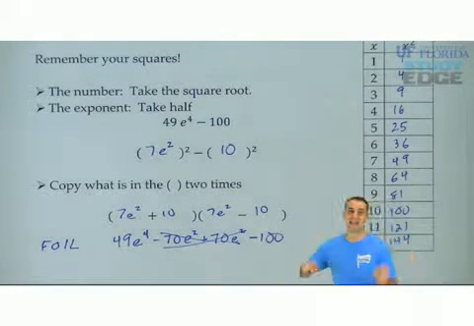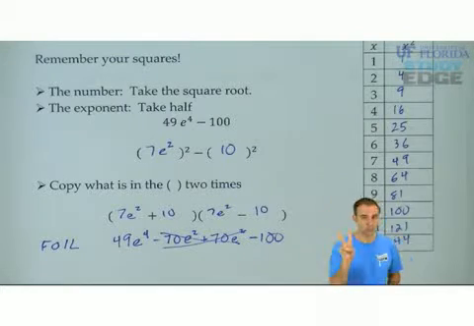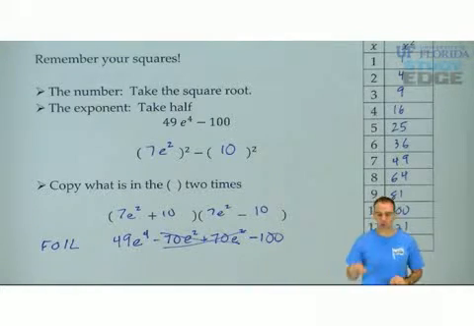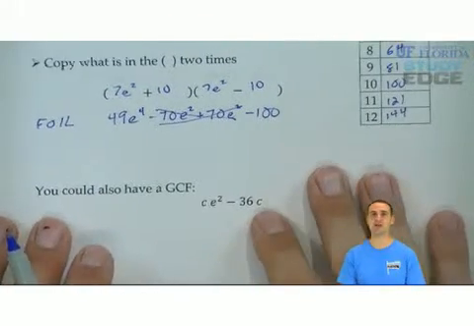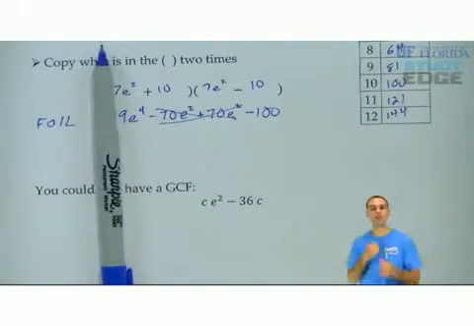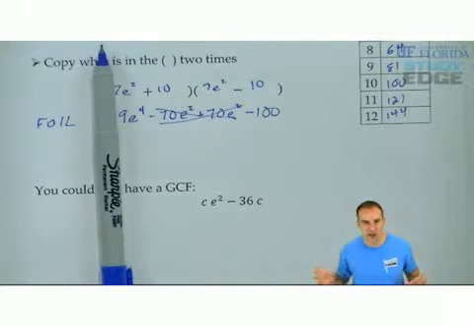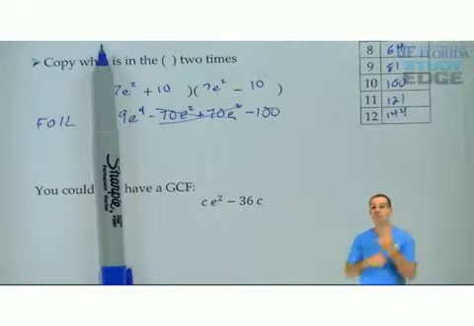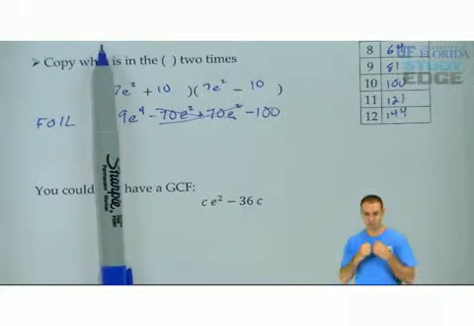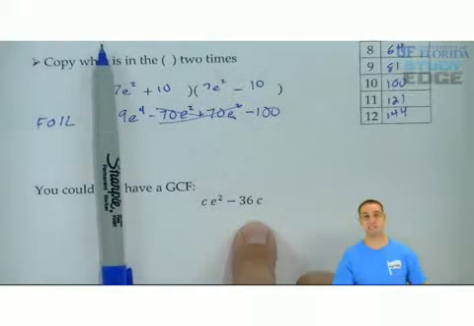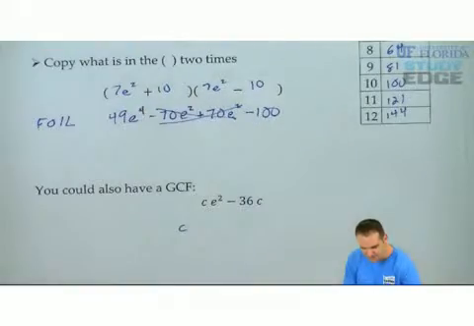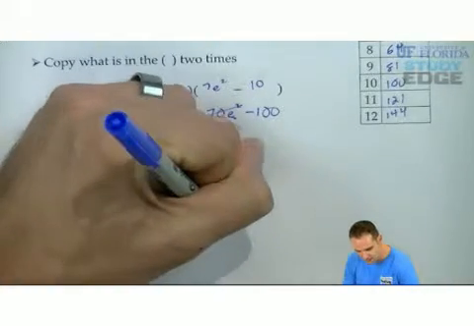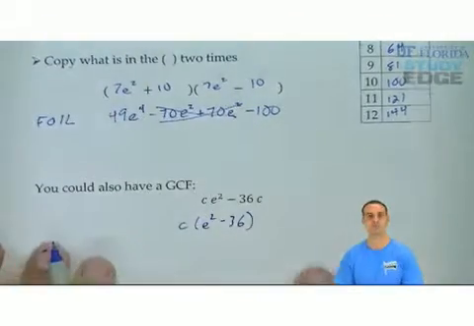But here's the catch. This is the second rule. We did GCF as well. You could also have a GCF and then a difference of squares. So remember, you always want to see if there's anything in common, factor it out, and then you might have another rule. In this case, I see that I have a C that I can factor out. If I factor the C out, I'd be left with e squared minus 36.